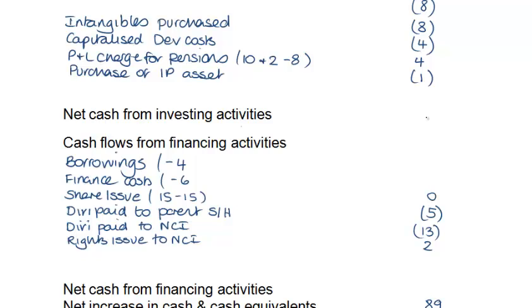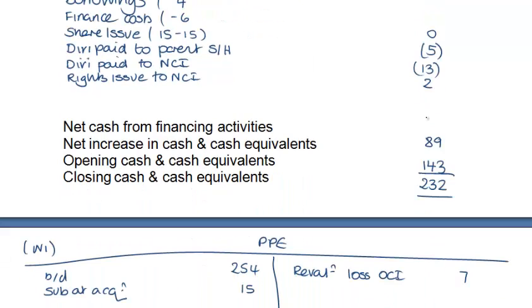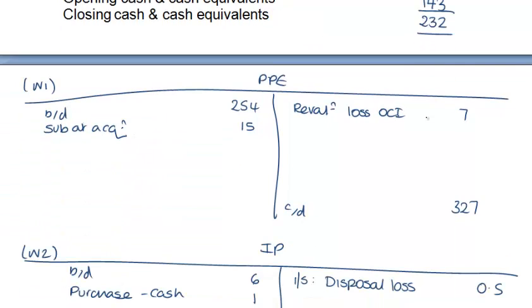Next, Jocatt exchanged surplus land with a carrying value of 10 million for cash of 15 million and plant valued at 4. So I'm going to go to my PPE note, and we've got a land disposal of 10. What have we done?